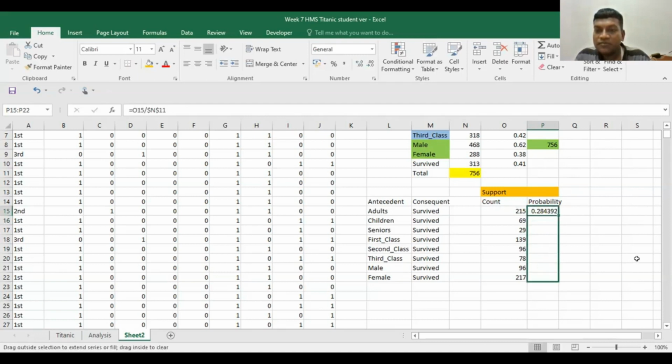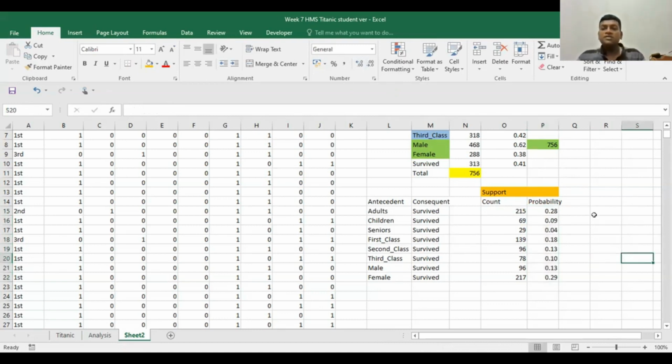Writing it down. Okay, so this is the first thing we have to calculate, which is support. That is the joint probability of occurrence of each of these, that is, of the antecedent and the consequent.